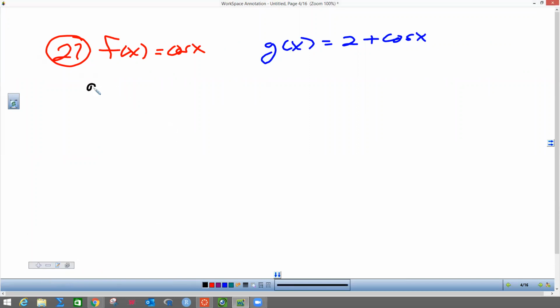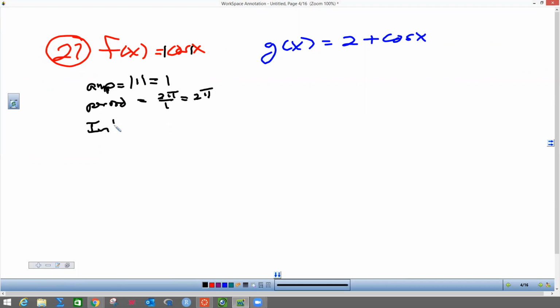Okay, so amplitude is the absolute value of 1, which is 1, because there's a 1 right here, even though it's not there. Period is 2 pi divided by b. B is 1 because there's also a 1 right there, which gives 2 pi.